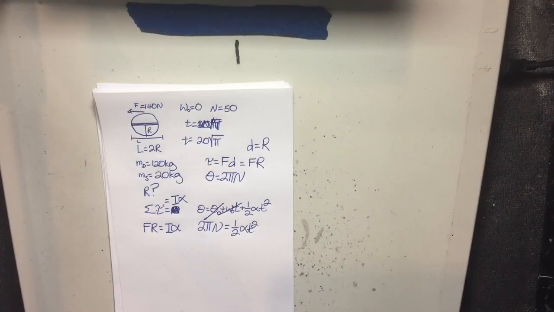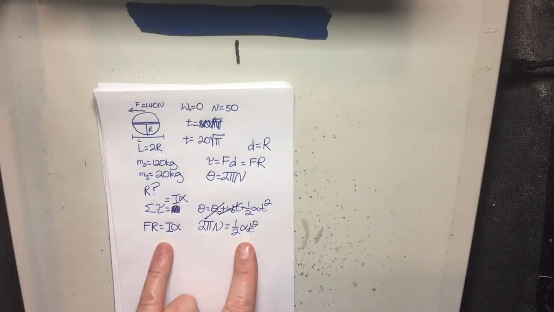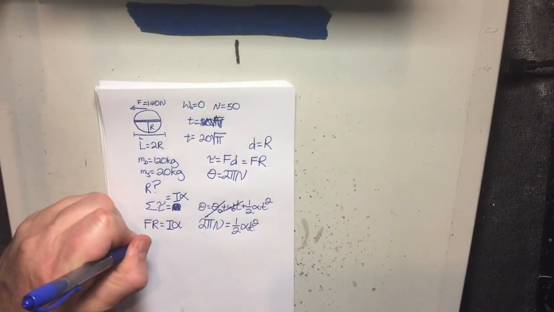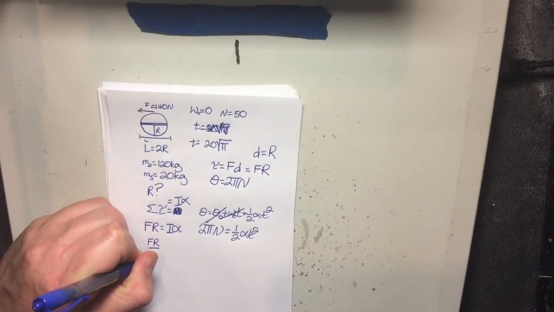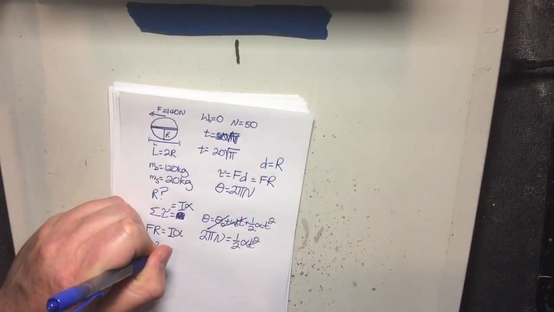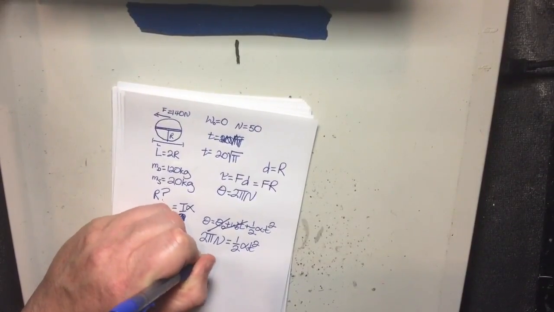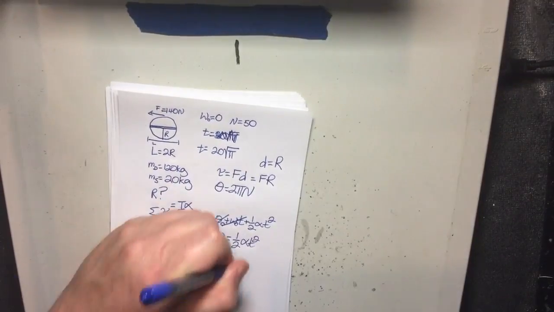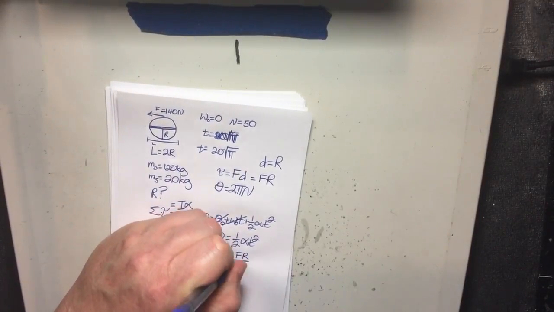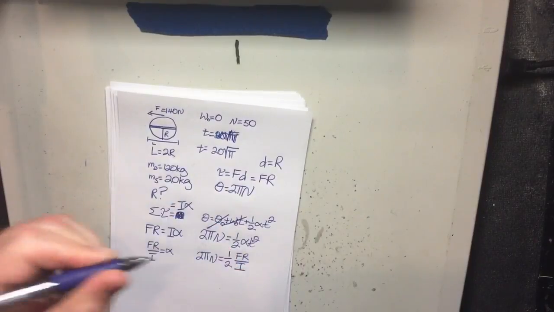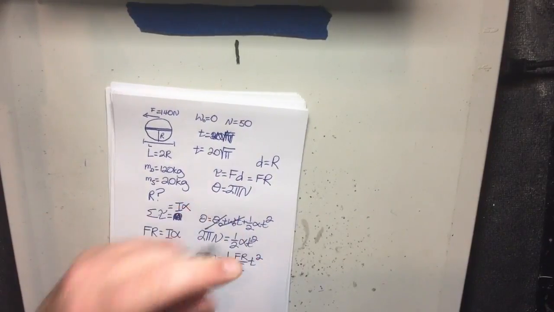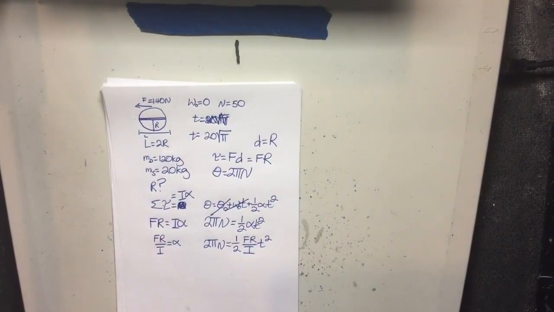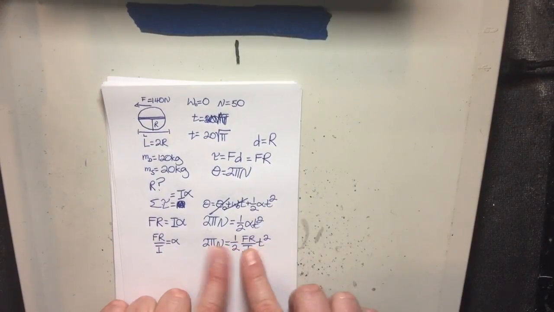I don't know what alpha is, but I don't ask for it. So what I'm going to do is merge these two together. Fr over I is equal to alpha, so 2 pi n is equal to 1/2 Fr over I t squared. So alpha got substituted out, and now this is the equation we're going to work on.